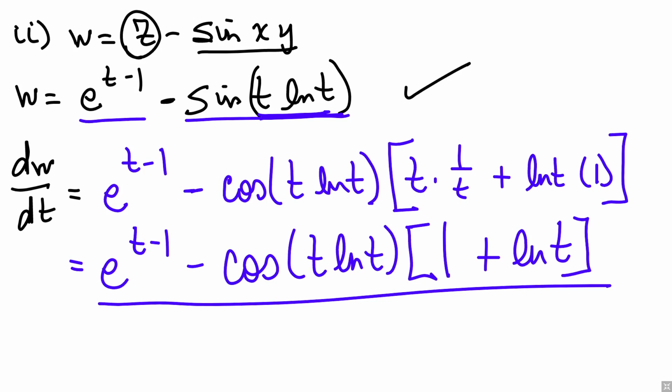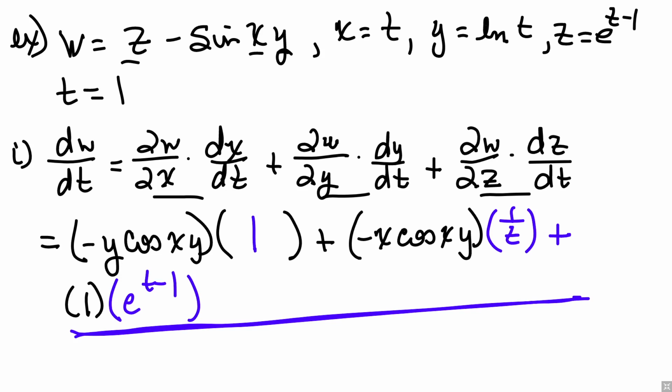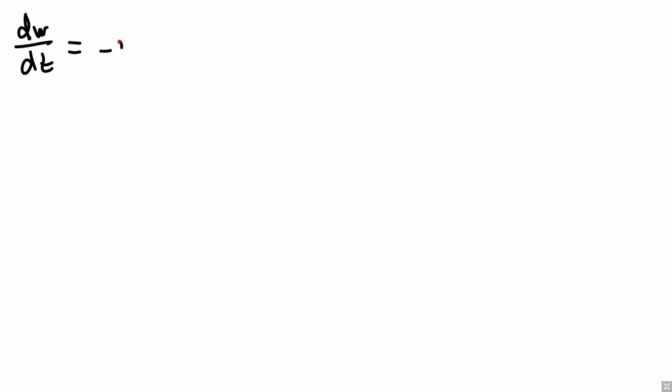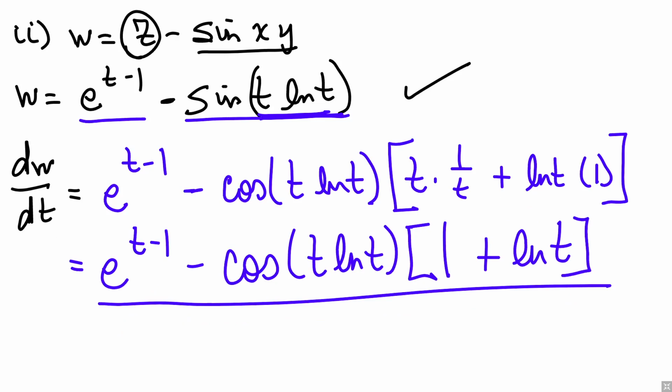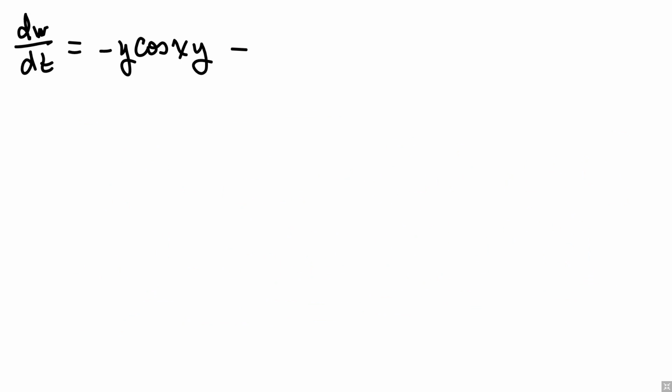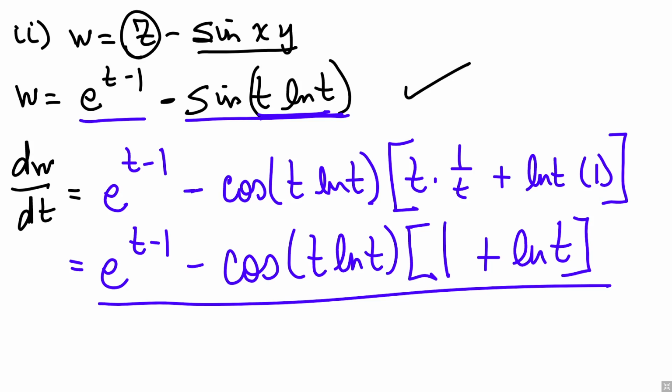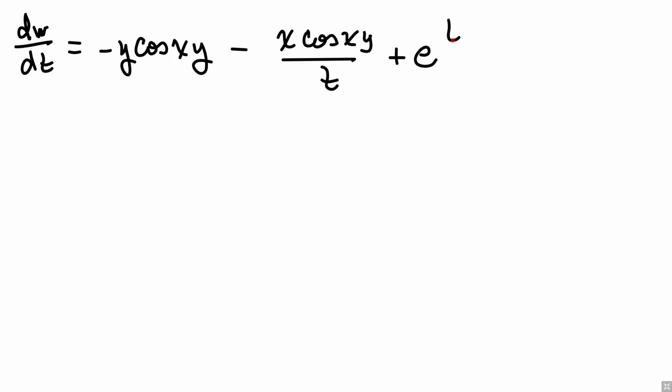So we said that for dw dt the first time, our answer was negative y times the cosine of xy, plus, or we can do minus, x cosine of xy divided by t. And then our last term is going to be plus e to the t minus 1. Now, we still have the x's and y's in here, but that's not a problem.